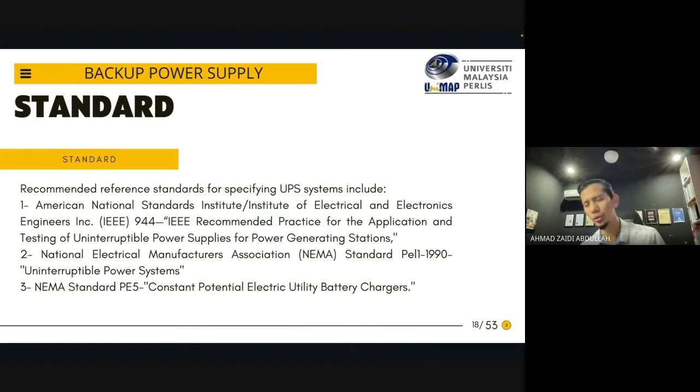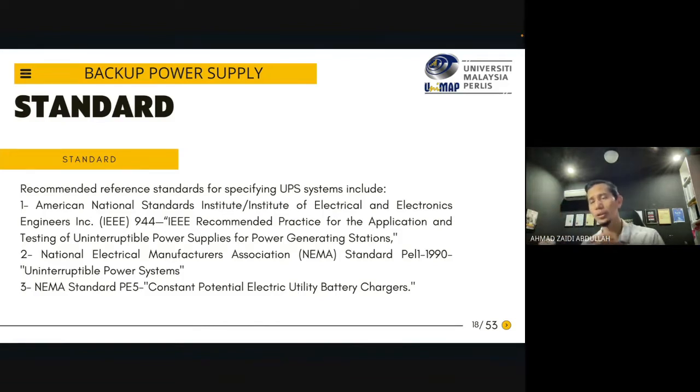Let's say you want to design the UPS but you don't know the spec, you just Google the standard, refer to what the UPS requirements are, and follow.